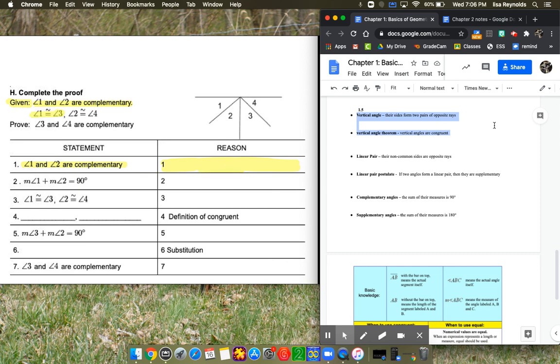Angle 1 is congruent to angle 3, and angle 2 is congruent to angle 4. Both of those pieces of information are in line 3. So I'm going to be able to fill in my reason for line 3. So the very first thing is I go through and I locate all of the given information.